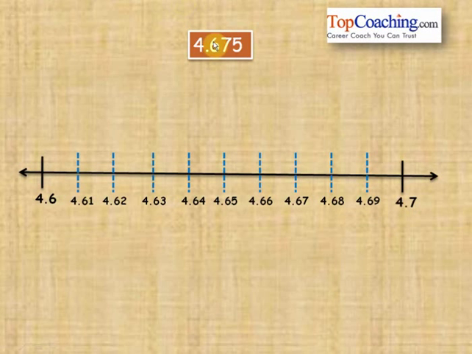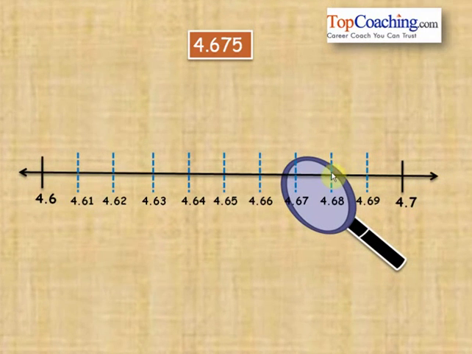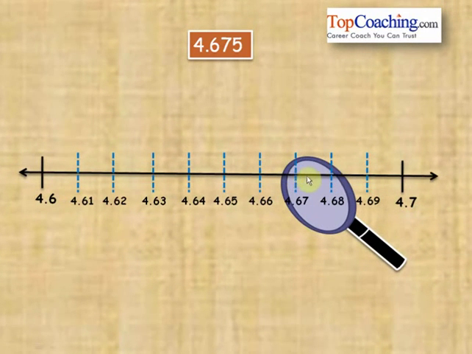Now again this is 4.675. Of course this number is greater than 4.67, but it is less than 4.68. So we are again interested in this portion between 4.67 and 4.68.